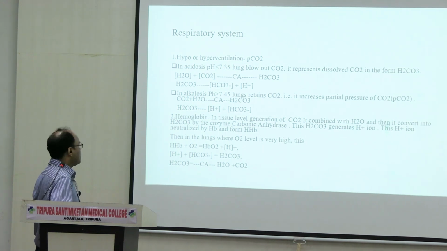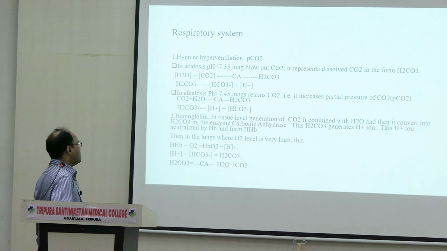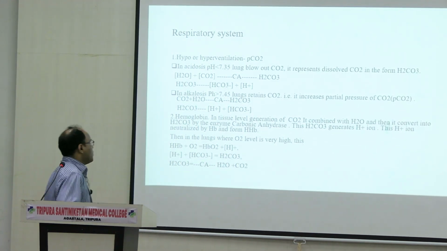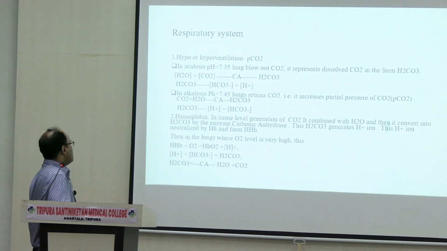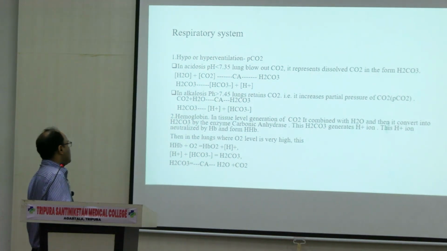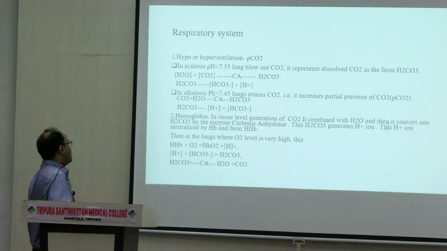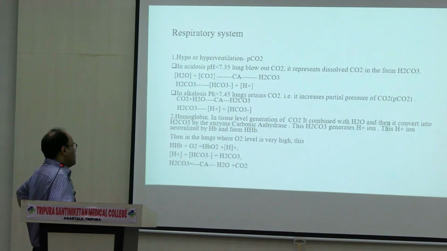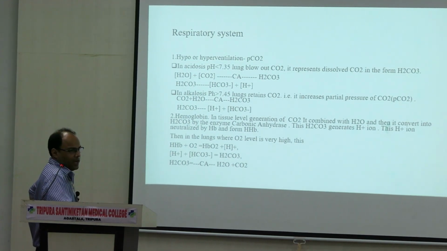In hemoglobin, at tissue level, where carbon dioxide is generated, it combines with water and converts into bicarbonate. By the enzyme carbonic anhydrase, hydrogen ion is generated. This hydrogen ion reacts with hemoglobin and forms reduced hemoglobin. Then this hemoglobin with circulation reaches the lung, where the oxygen level is very high.